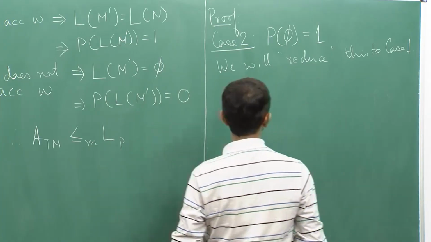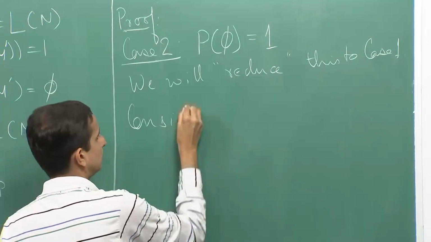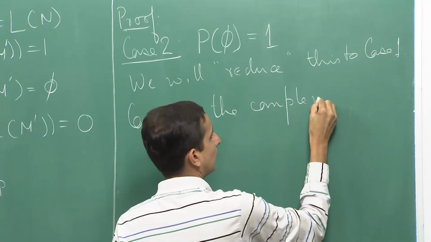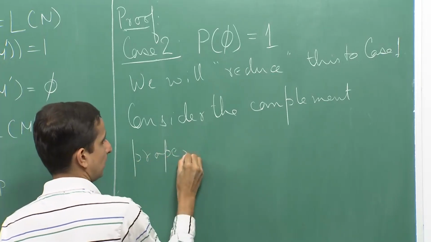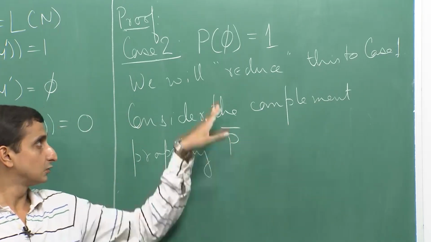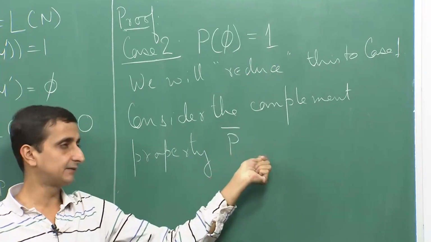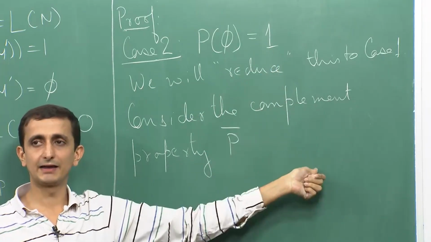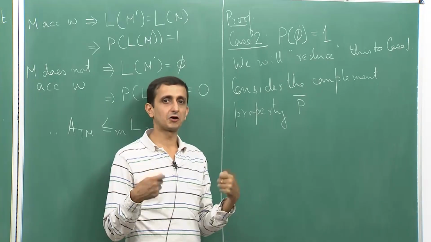So, if P of phi is equal to 1, consider the complement property P bar. So, what is P bar? Whenever P of a language is equal to 1, P bar of that language will be 0, and whenever P of a language is equal to 0, P bar of that language is equal to 1. So, it basically just assigns the complement bit.